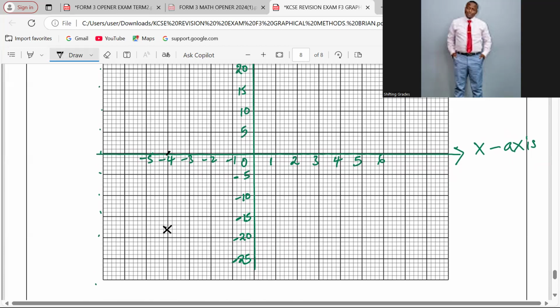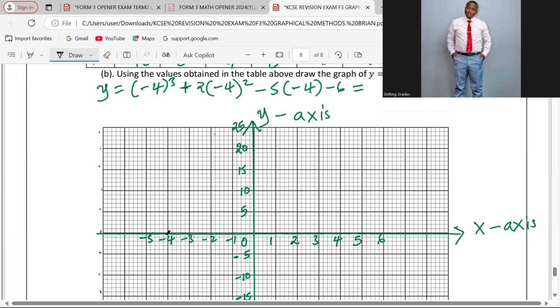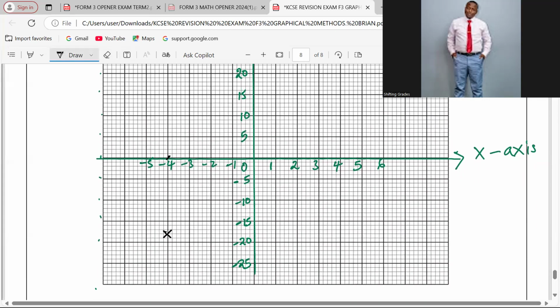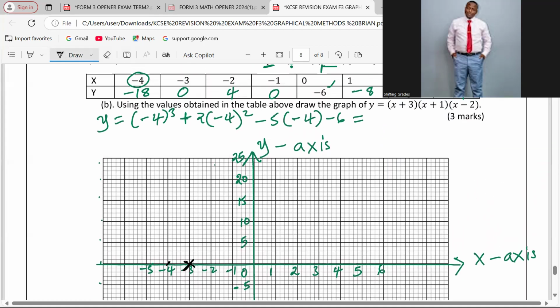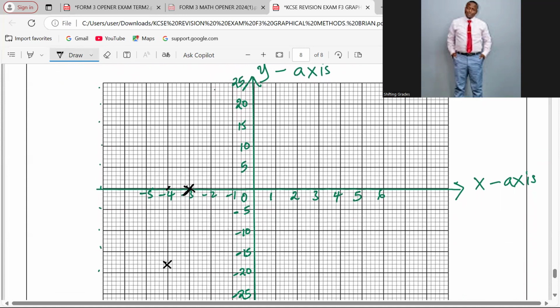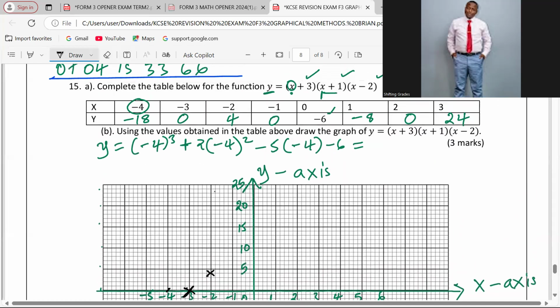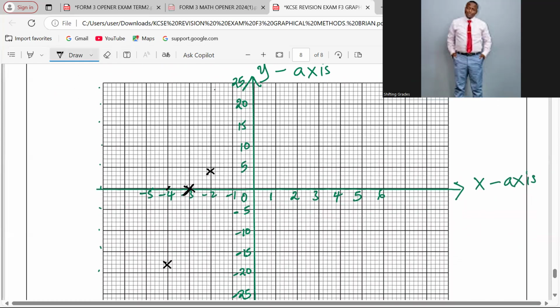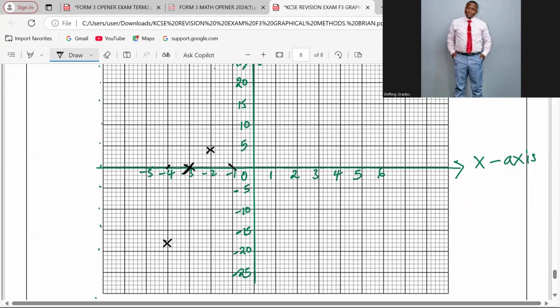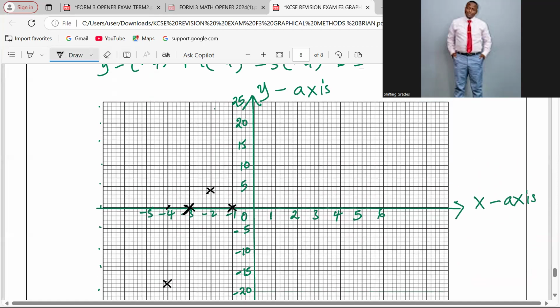Then we will talk about -3 and 0. So -3 and 0 is the point here. At -2, we're talking of +4. +4 is here. At -1, we are back to 0. So -1, 0 at that point.